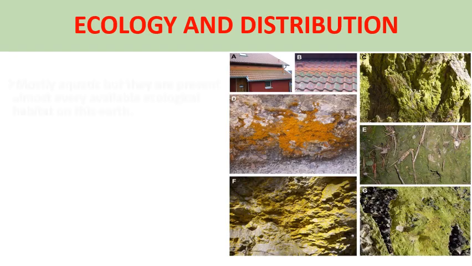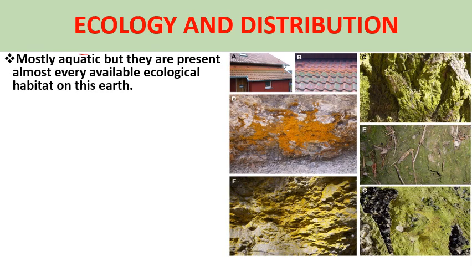Next comes ecology and distribution. Mostly algal species are aquatic in nature, meaning they are mostly found in water, but there are some exceptional species which are found in other tough, diverse habitats. तो और भी जगह पाई जाती है ये algae. So mostly aquatic, but also present in almost every available ecological habitat on the earth's surface.